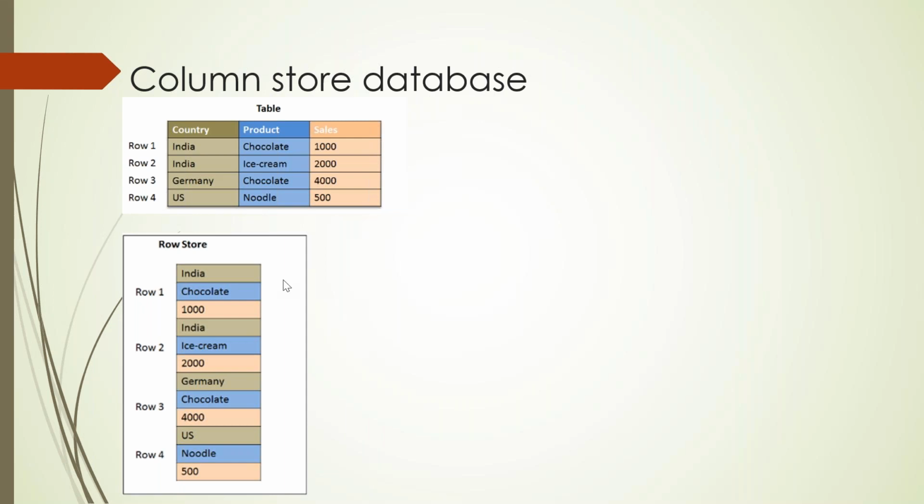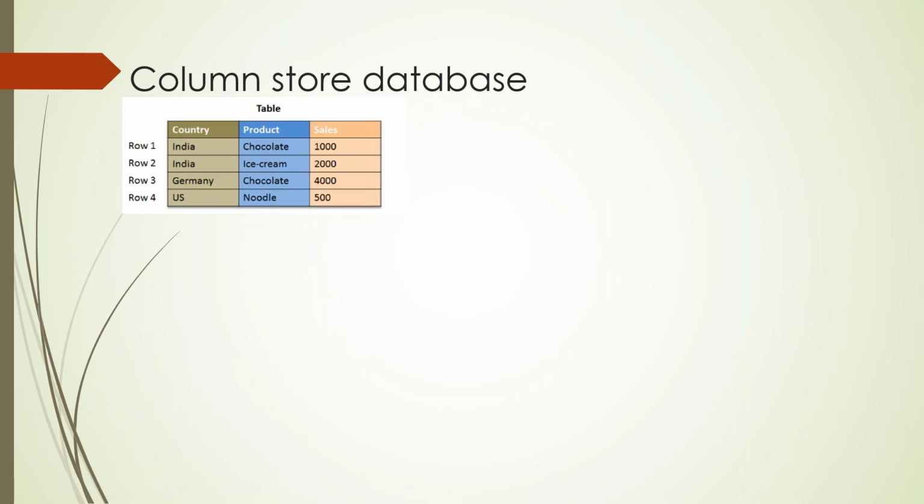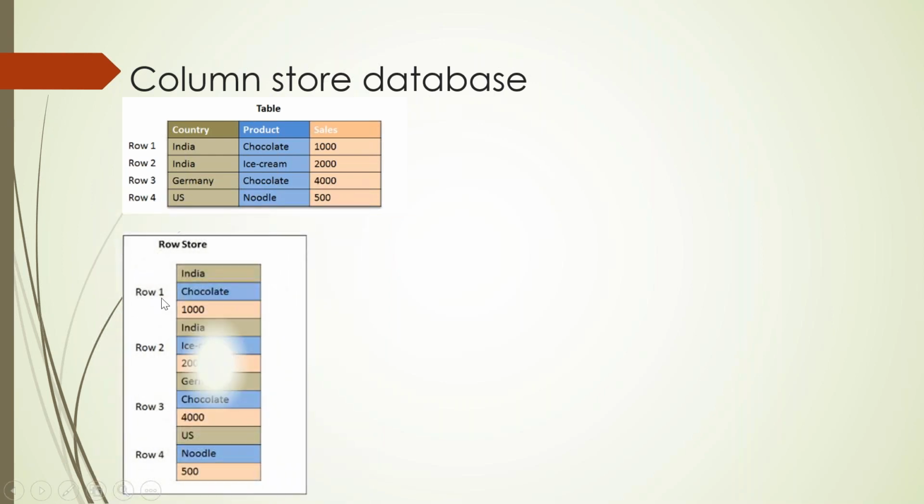So here, before we understand the column store, we need to understand the row store. What is the row store? In the row store, let's see how this data is stored in the row store tables. It is stored in the sequence of rows: row 1, row 2, row 3, row 4.